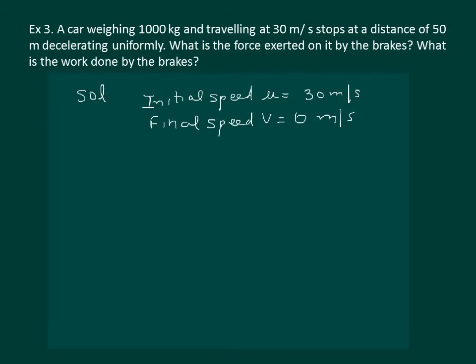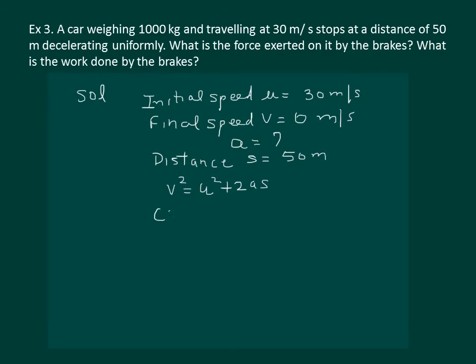Now we have to find out the acceleration or retardation, and we know the distance S equal to 50 meter, and we know that V square equal to U square plus 2AS.